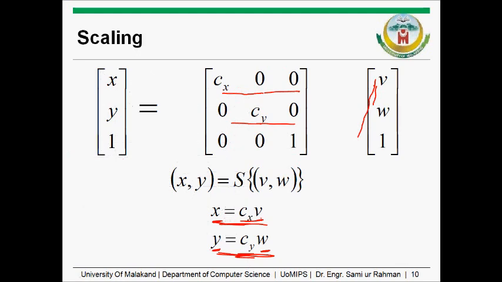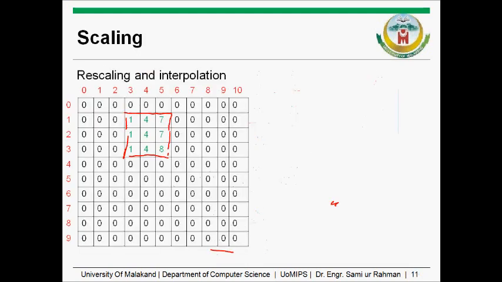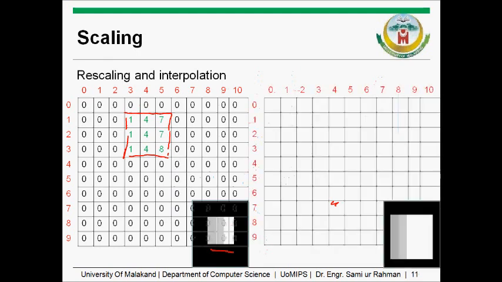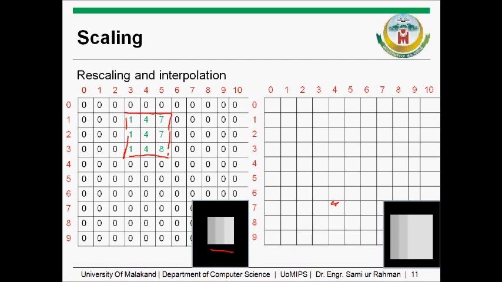For x I take double of x, and for y I take double of y. Clear? Now I have this 10 by 9 image, and I am interested in the positions after rescaling.